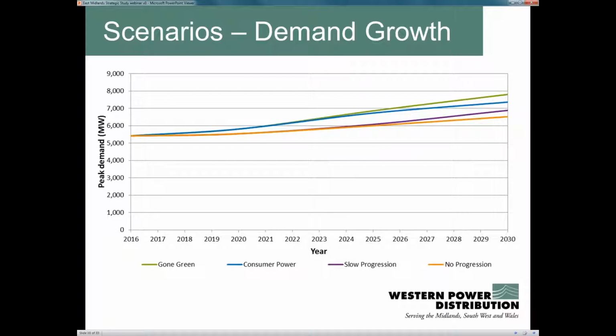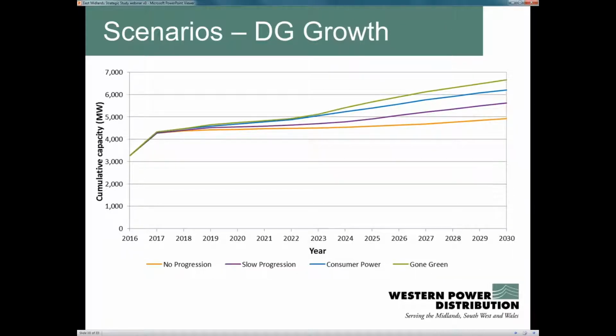That's really going to be coming from the low carbon technologies and more economic activity driving demand growth across those areas. And by 2030, we've had a shift up to almost 8 gigawatts of peak demand, which represents a significant increase above our current status quo at the moment.